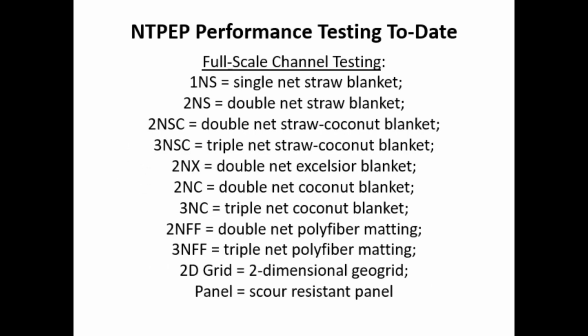A large body of D6460 data is available for a range of RECPs, including TRMs and HP-TRMs. The data can be found at ntpep.org. Here is a key to many of the types of RECPs tested.